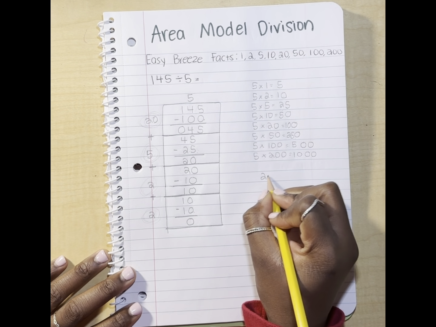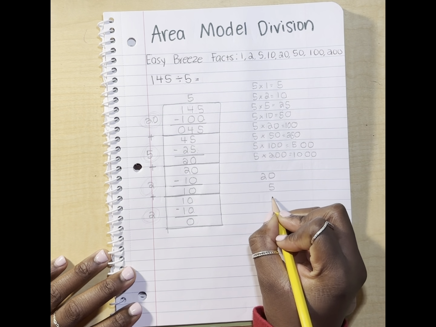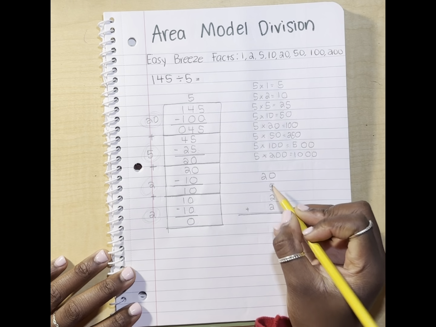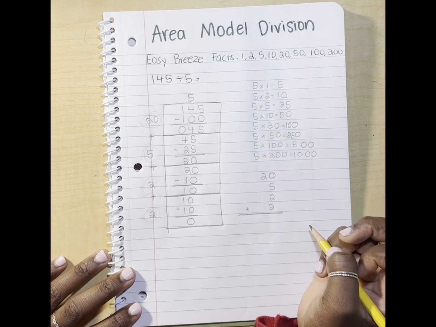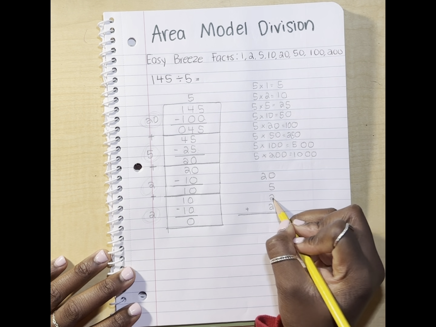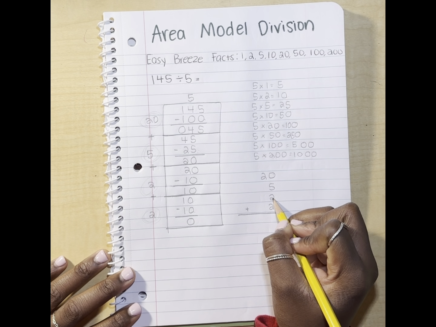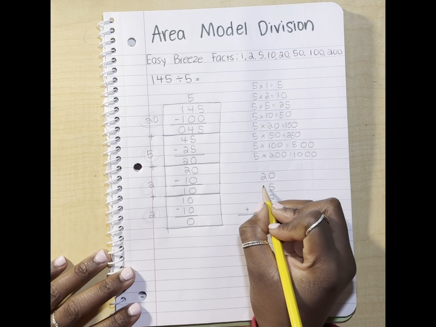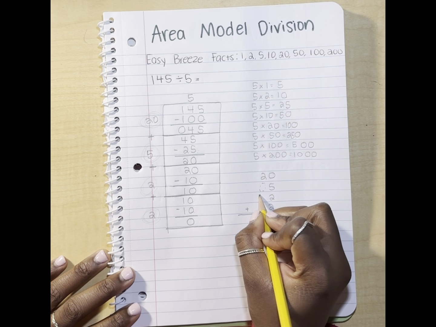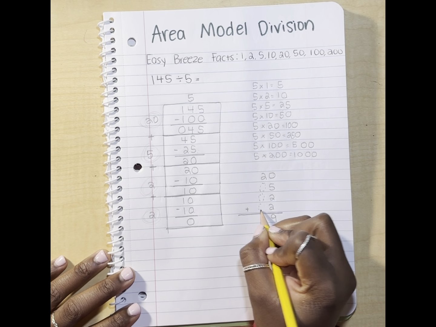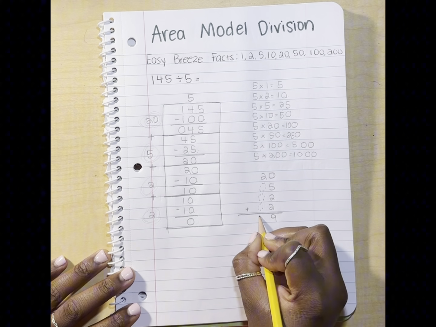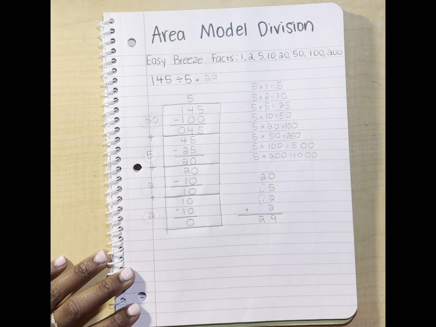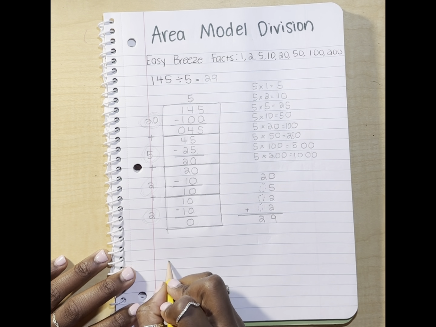So let's add 20 plus 5 plus 2 plus 2. 0 plus 5 is 5. 5 plus 2 is 7. 7 plus 2 is 9. All right, and 2 plus these imaginary zeros is going to be 2. So our answer is 29. I want you to try this one next.